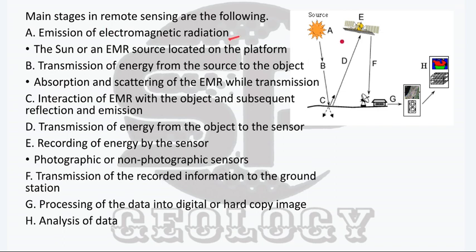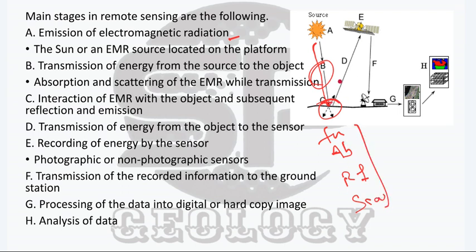First, emission of electromagnetic radiation, then it will interact with the atmosphere, then it will interact with the object, that is transmission, absorption, reflection, and scattering. These four processes are done. After that, this reflected back energy is absorbed by a sensor.